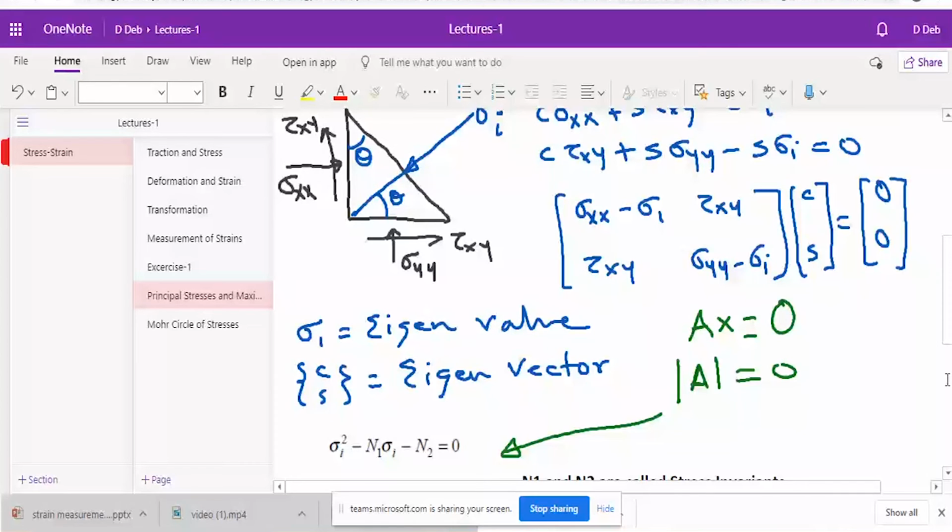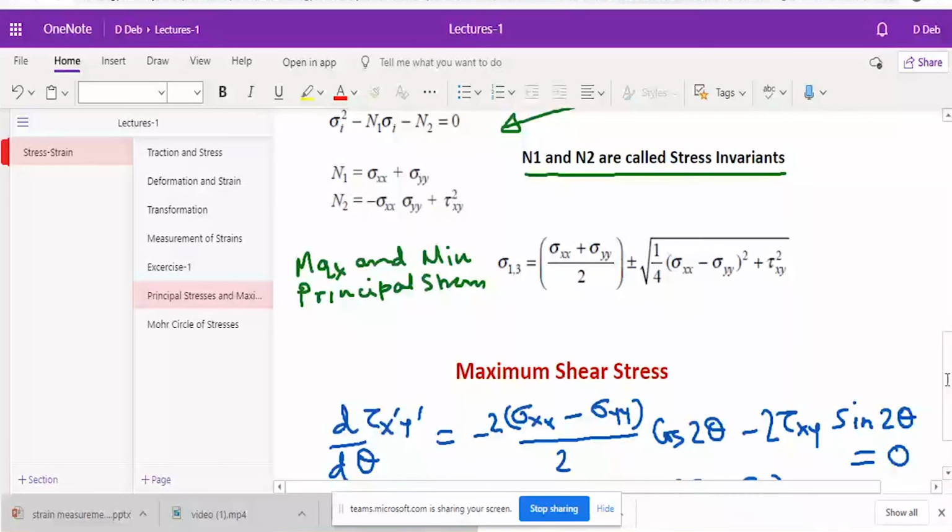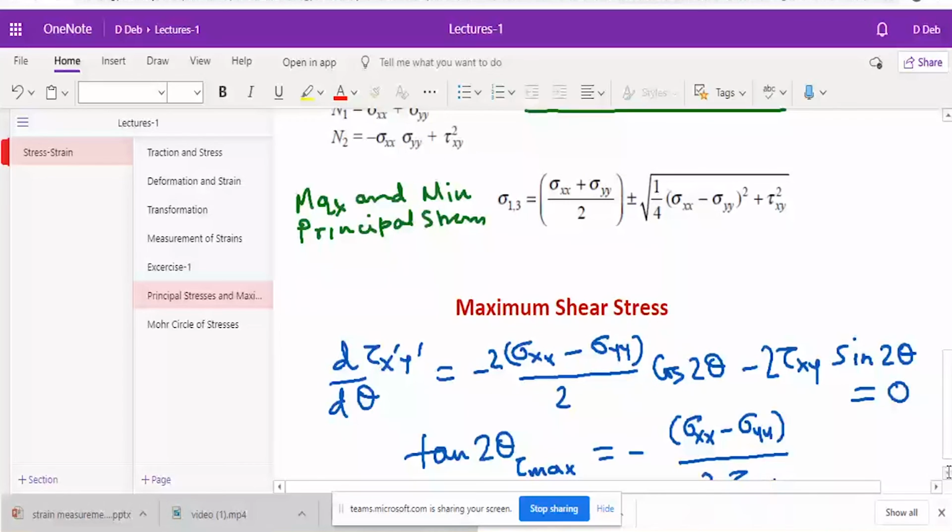Now we come to the maximum shear stress. Is there any plane where shear stress becomes maximum? Oh yes, there will be a plane where shear stress will be maximum. Now how do you find that out? You take the derivative of shear stress with respect to theta and make it 0. This is the first condition.